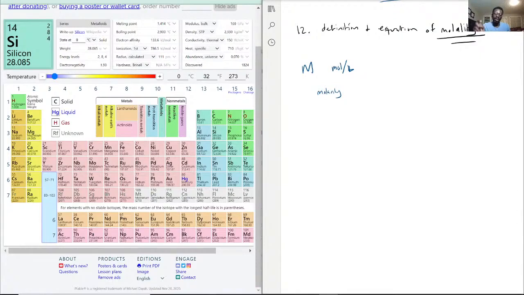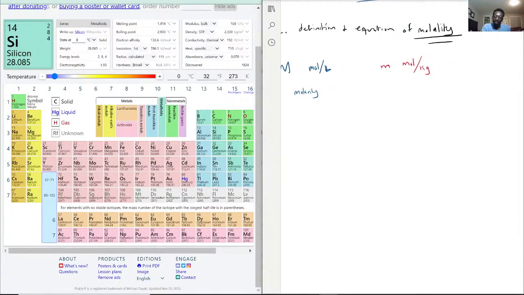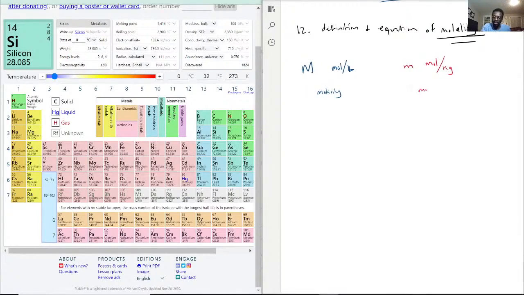Now for molality, this one still has the moles, and you signify it by the small m. But instead of liters, it's kilograms of water typically. They both say fairly similar things, but one is per liter and the other one is per kilogram.